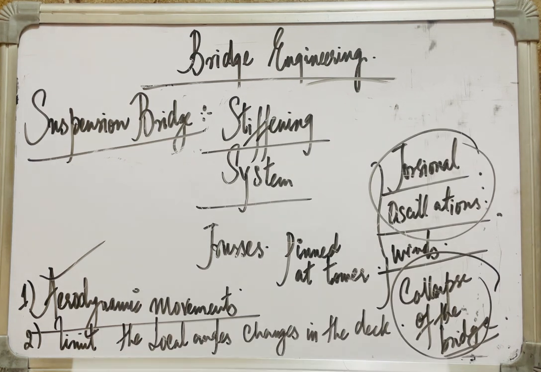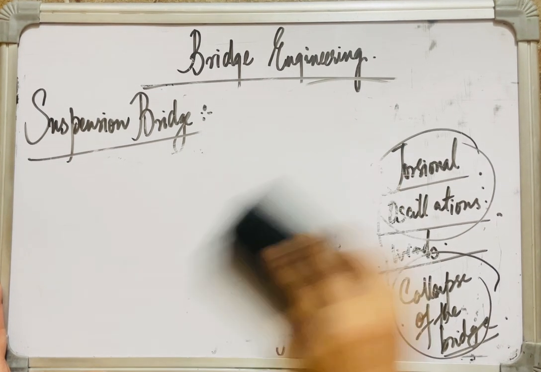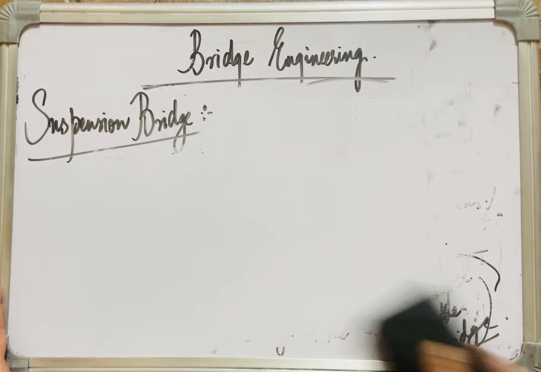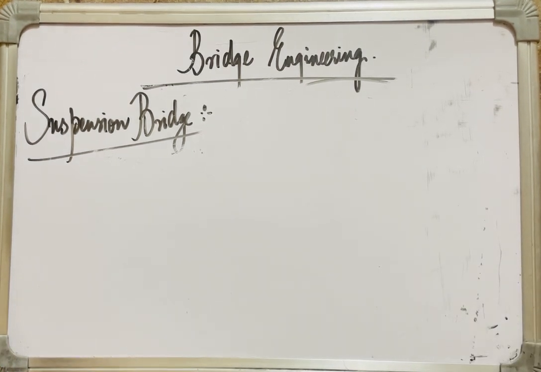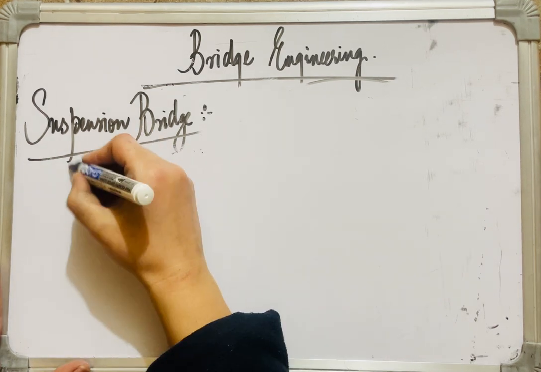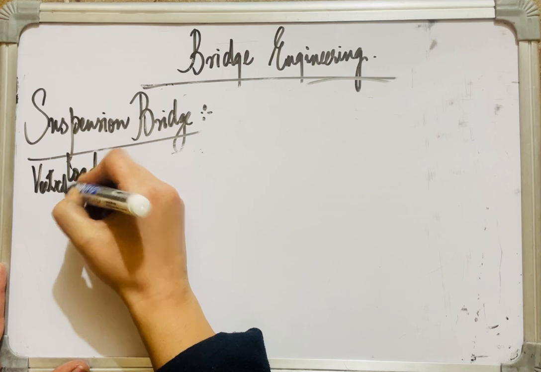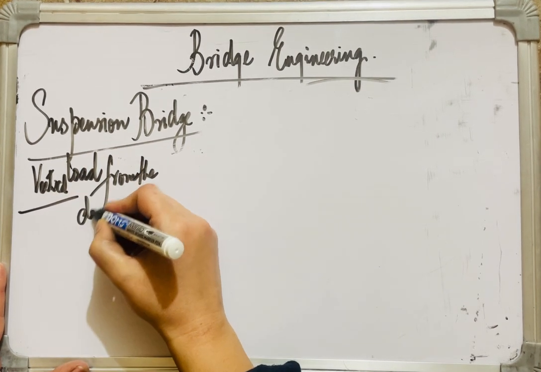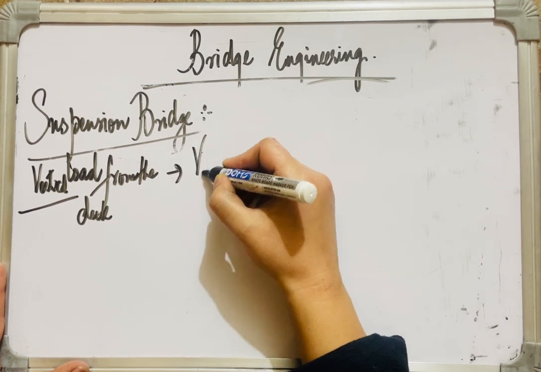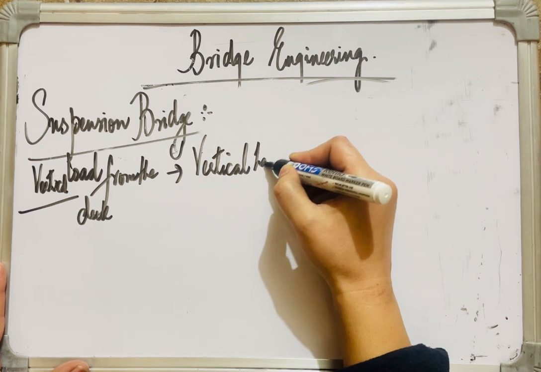All right, so let me summarize it. So the load from the deck, the vertical loads from the deck, or any load from the deck of the suspension bridge, is first transferred to the vertical hangers or suspenders.